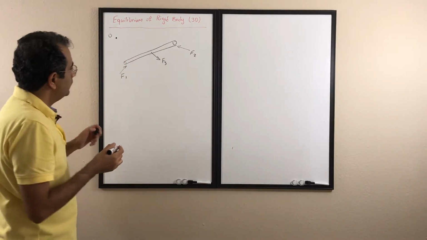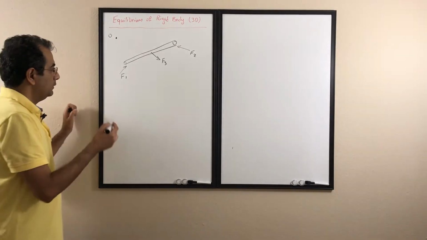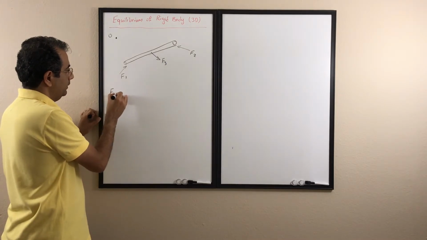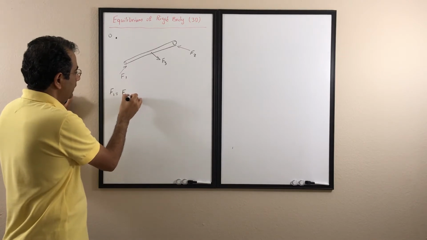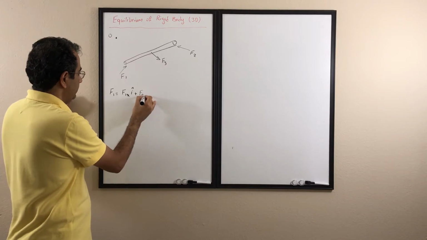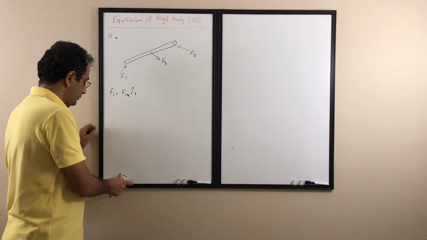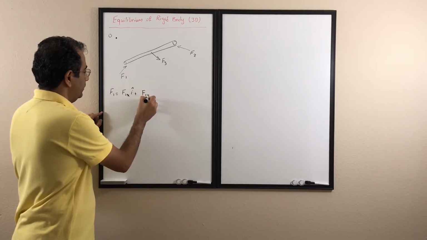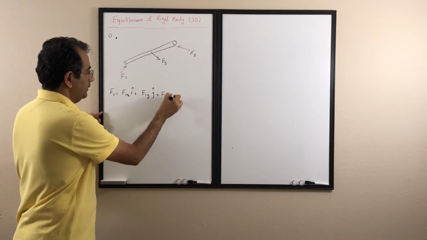If I have these three forces applying on that object and I want to know if it's in equilibrium, first I'm going to write all the forces as vectors. So F1 is going to be F1x i plus F1y j plus F1z k.